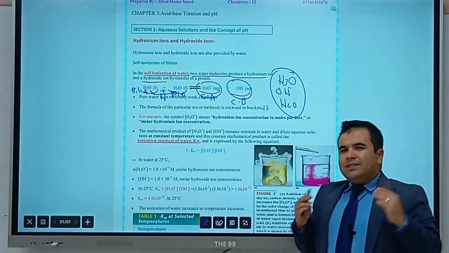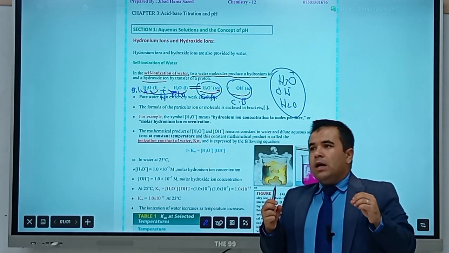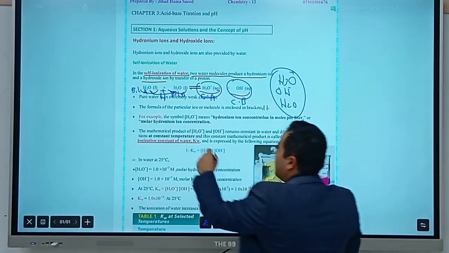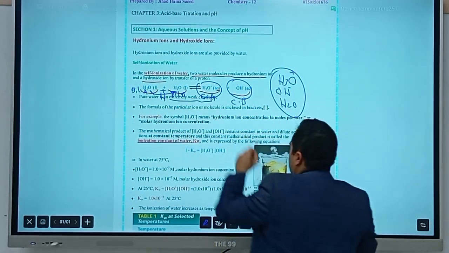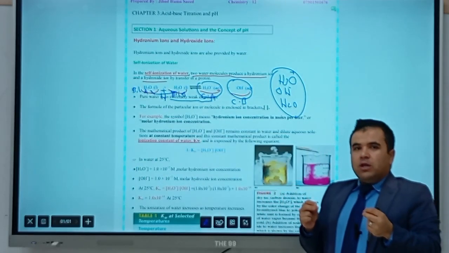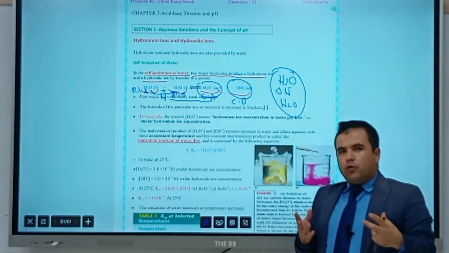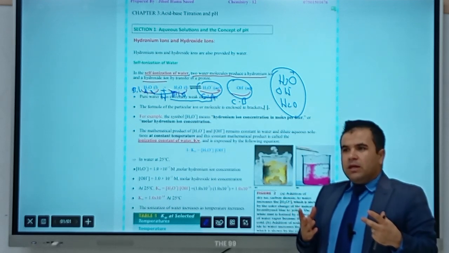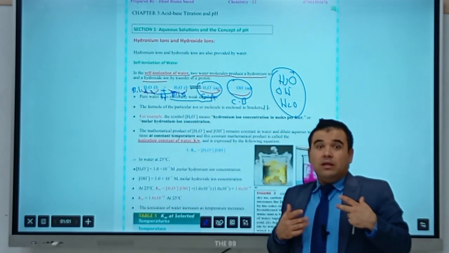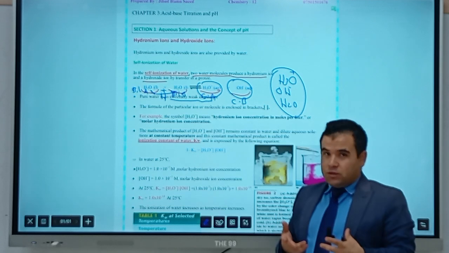In terms of conducting electric current, guys, pure water is an extremely weak electrolyte. So we have to know that it's an extremely weak electrolyte, as I have written here. Why is it an extremely weak electrolyte? Because the self-ionization of water is not a favorable process. We mean it's not on the scale of strong acids and strong bases to produce ions.